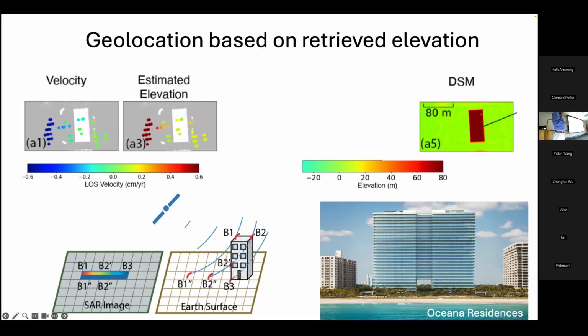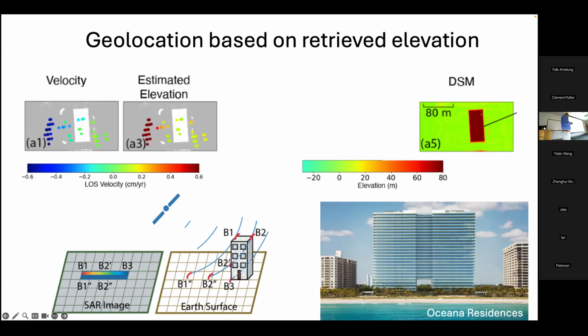So here, for example, this is the Oceania Residences. Originally, the pixels show up here to the side of the building, about 80 meters to the side, and that makes lots of sense, because the building is something like 80, 90 meters high, so that's where we get our first scatterer.